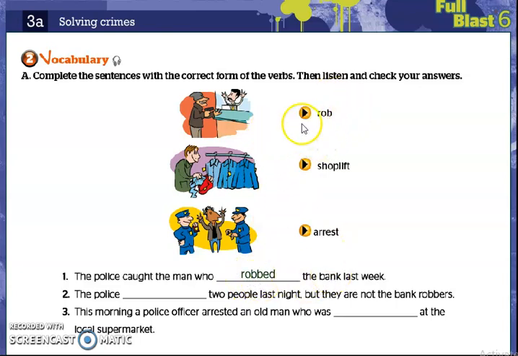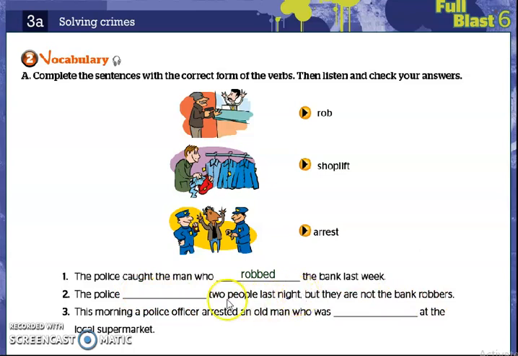You notice that the verb rob ends in B, so we duplicate the B before we add ed. Robbed. Number 2, the police arrested 2 people last night, but they are not the bank robbers.